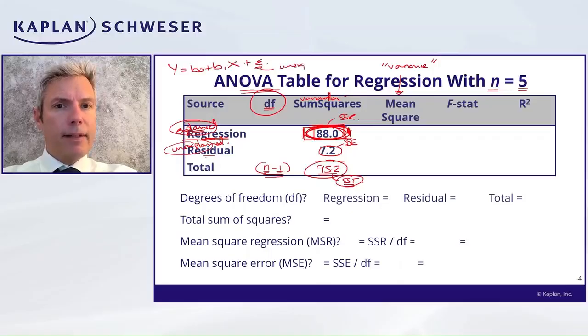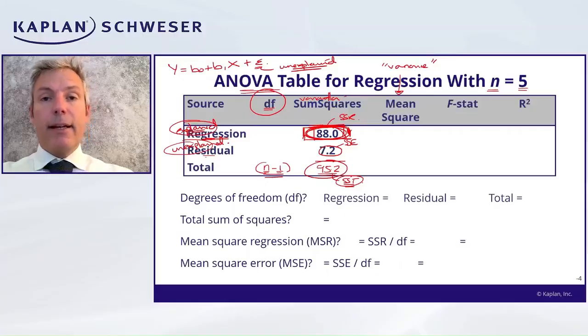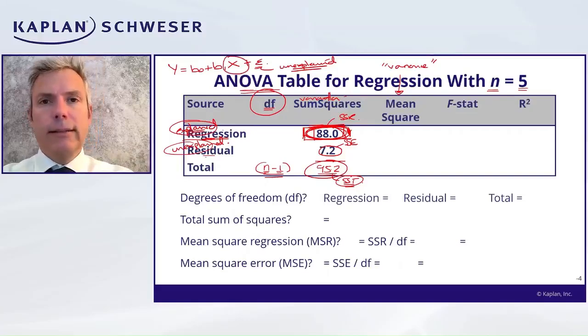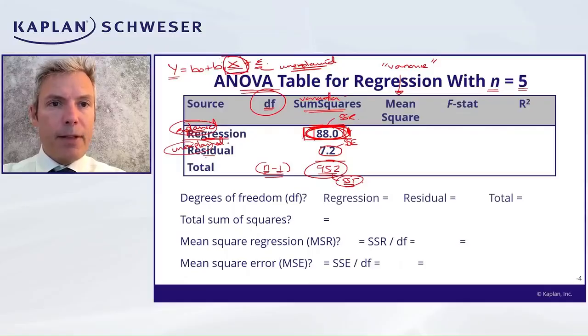The only source that this explained variation can come from is this one single independent factor. So there's one dimension from which these sums of squares are coming. This is the only explanatory variable, the only independent variable we're using to try and explain what y is doing. So our number of dimensions generating this explained sum of squares is 1.